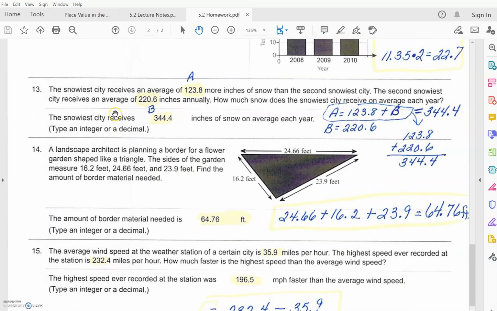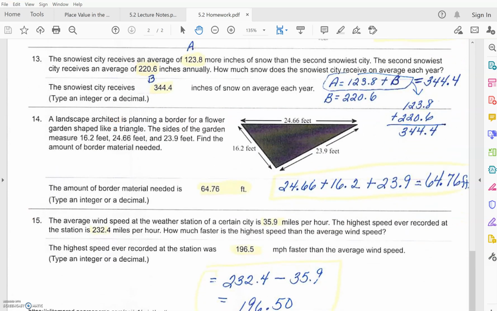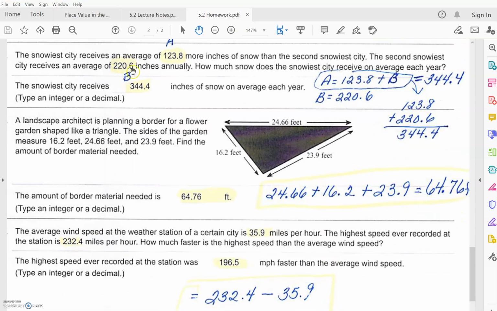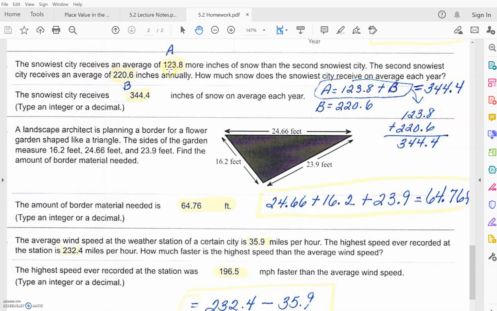Now, when you go down here, to these other additional word problems, with this snowiest city receives an average, how you read this is the first one is A, 123.8, but it reads more inches of snow than the second snowiest city.